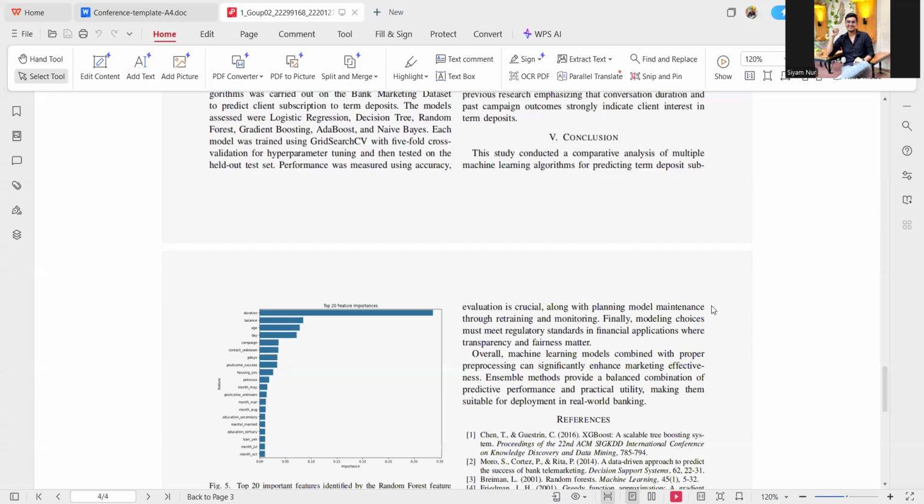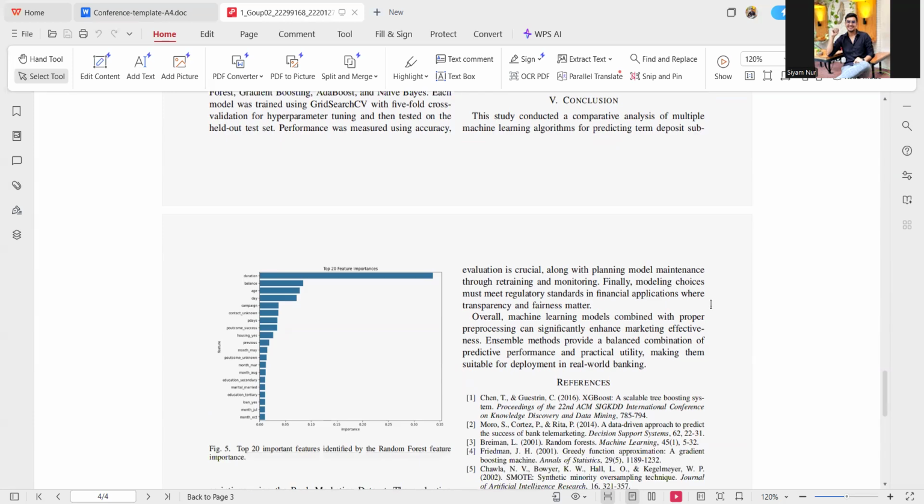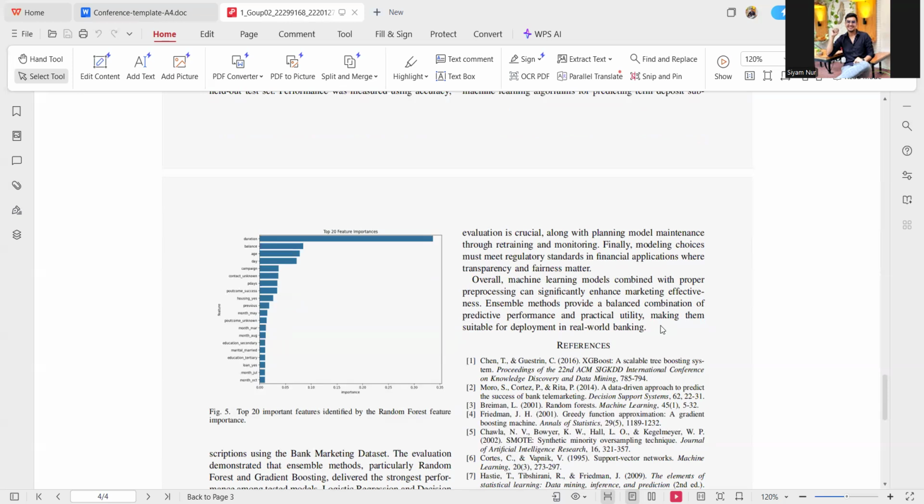The pre-processing steps we employed, such as one-hot encoding for categorical variables, scaling for numerical features, and stratified sampling to address class imbalance, played a crucial role in ensuring that the models were robust and reliable.